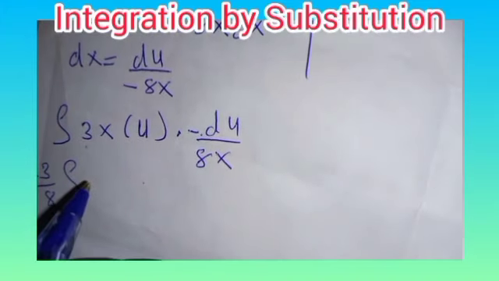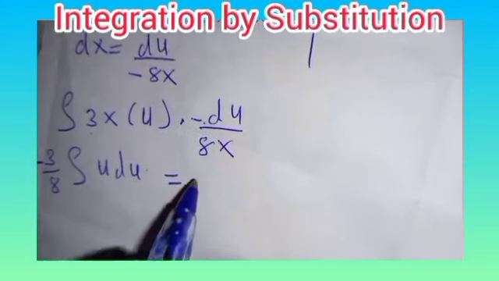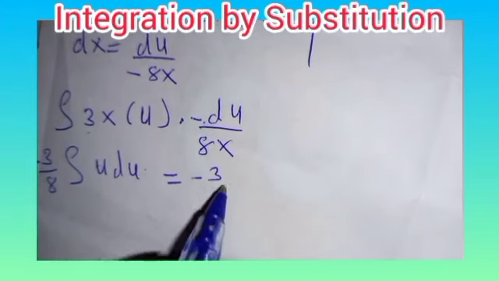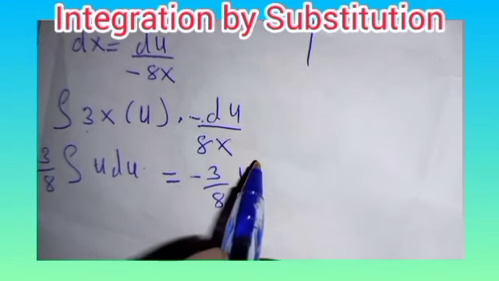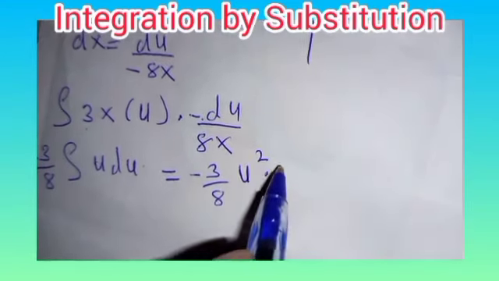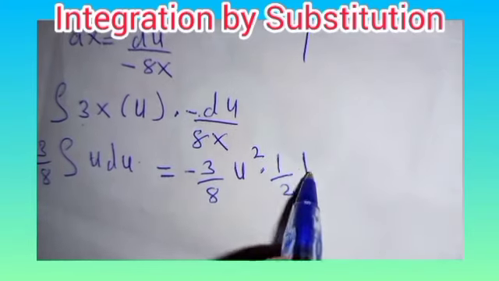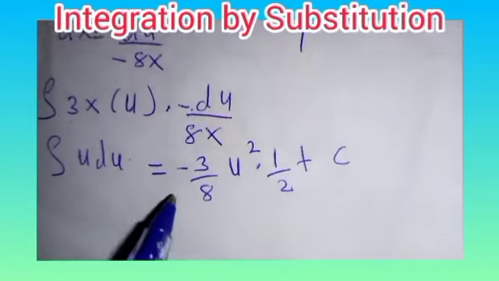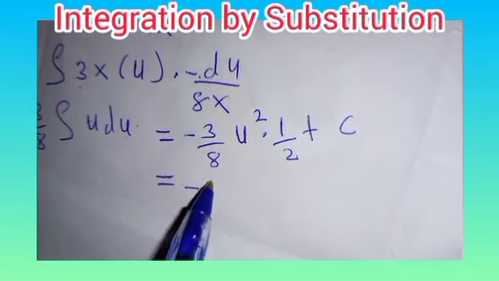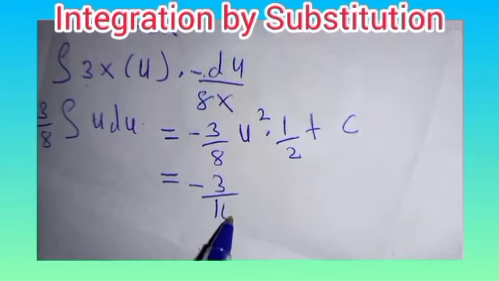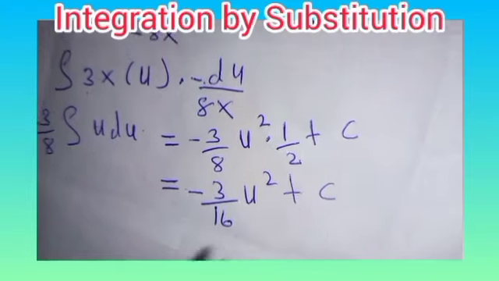Here we are going to have u du, which is equal to, when we integrate, negative 3 over 8 u squared multiplied by 1 over 2 plus constant c, which is equal to negative 3 over 16 u squared plus c.